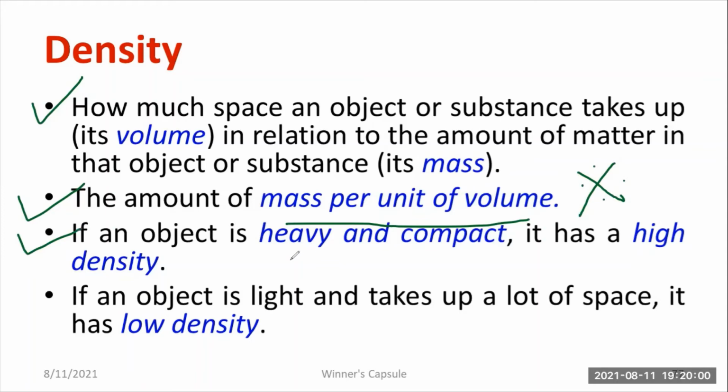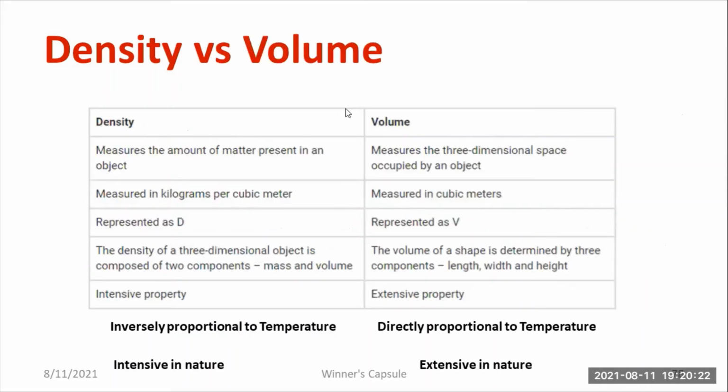If an object is heavy and compact, obviously it has high density, which we already saw. And if an object is light and takes up a lot of space, it has low density. We have shown different examples of higher and lower density. However, you have to remember, it is defined as mass per unit volume.